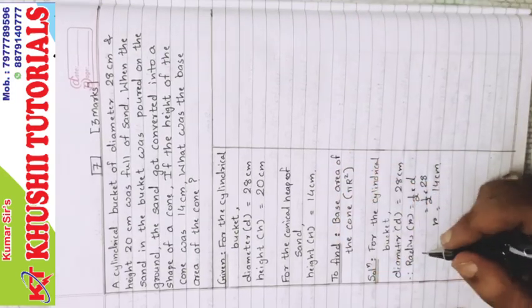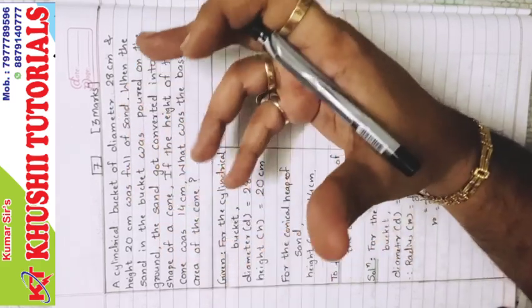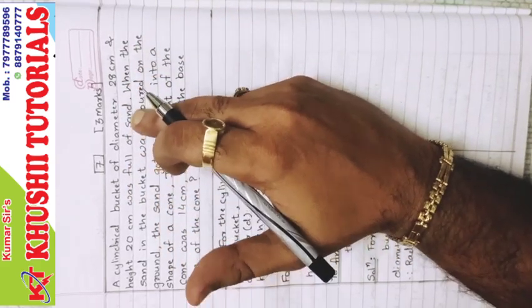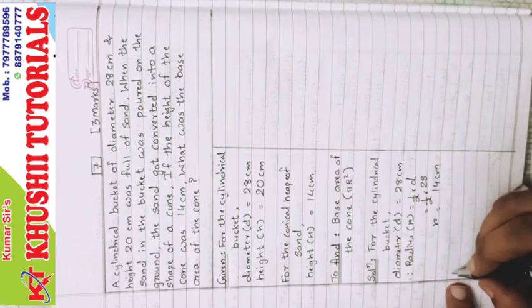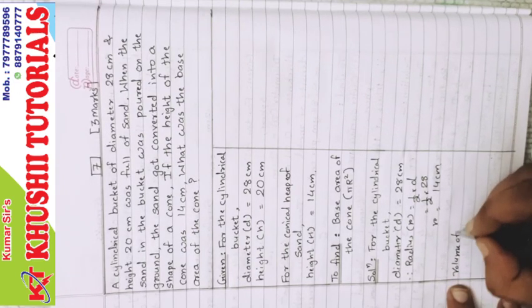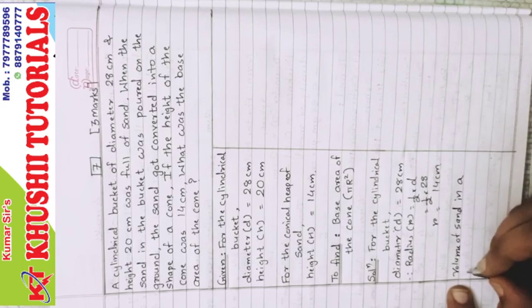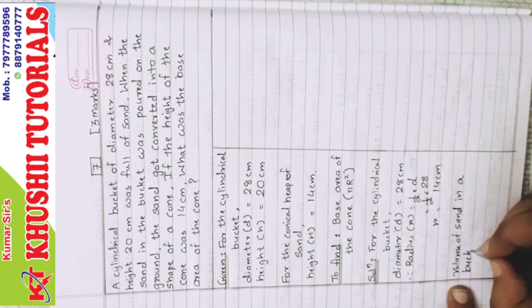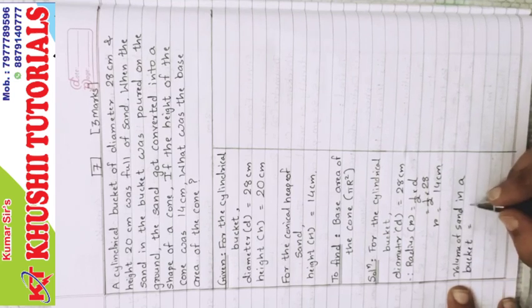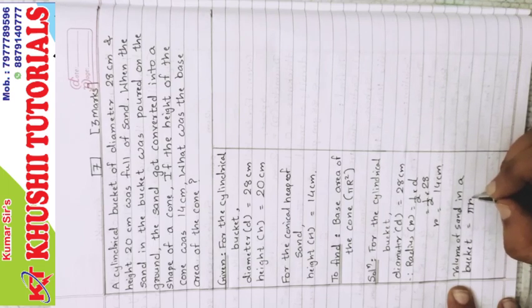Now we need to find first the volume of the bucket, so that we will get the volume of sand. So volume of sand in a bucket equals, the bucket is of cylindrical shape, so volume of cylinder is pi r square h.